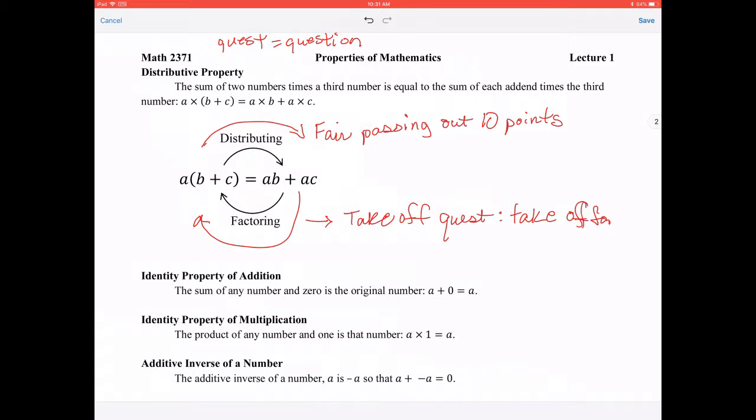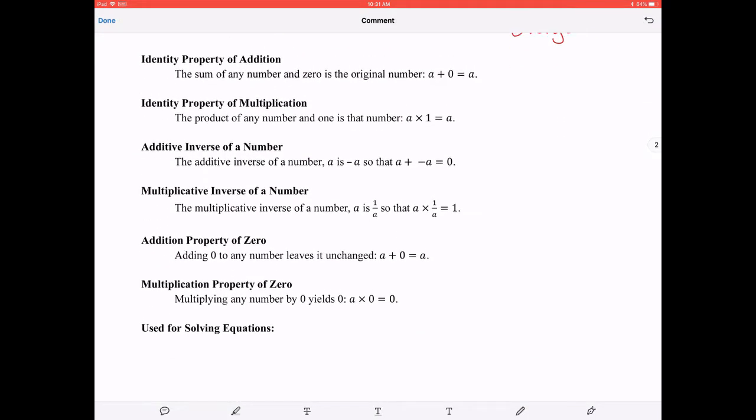Take off for everyone. Okay, so you want to be fair to everyone. This is the fairness property.